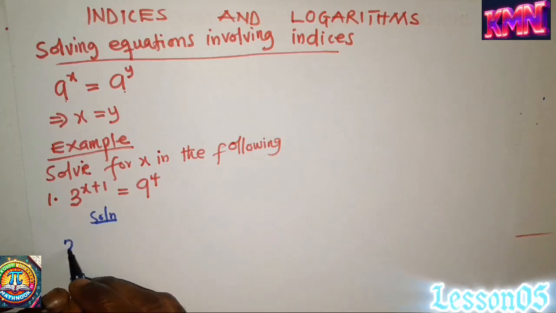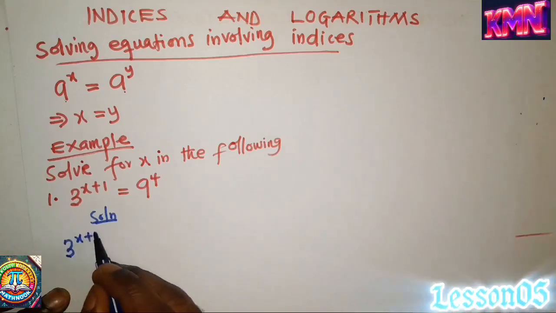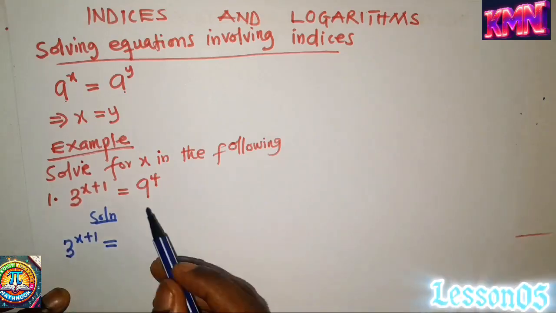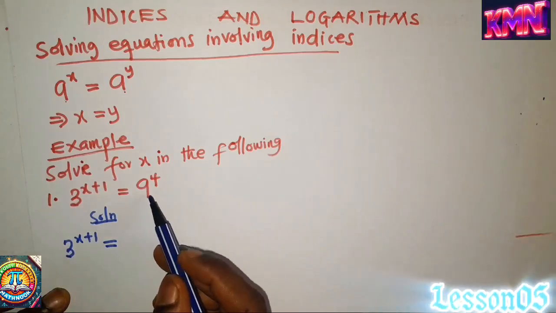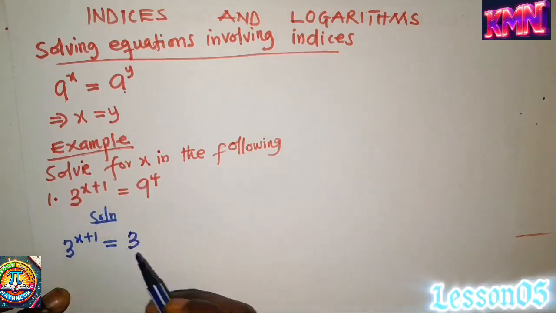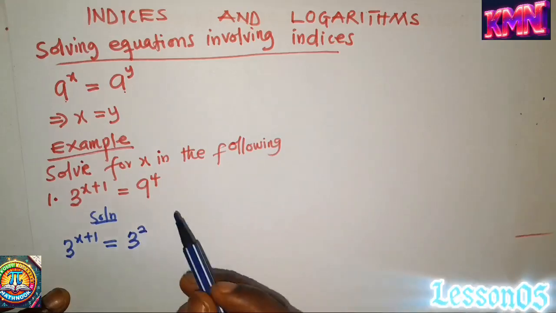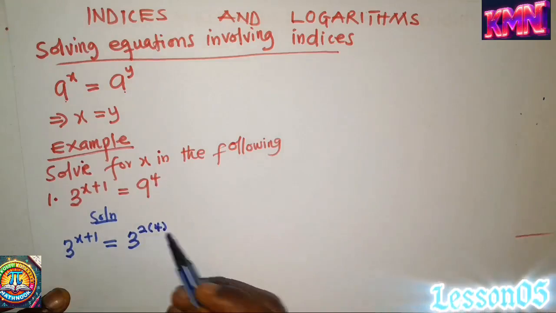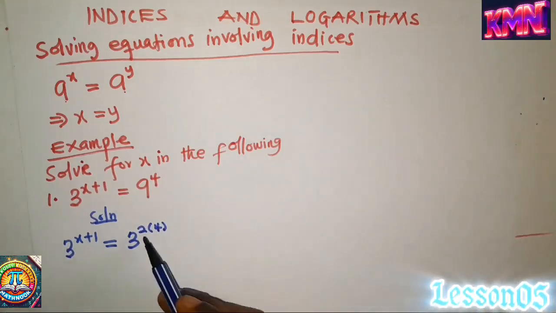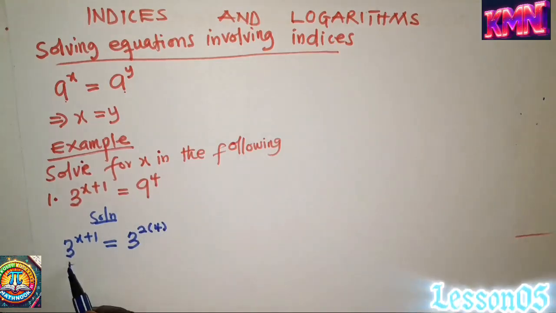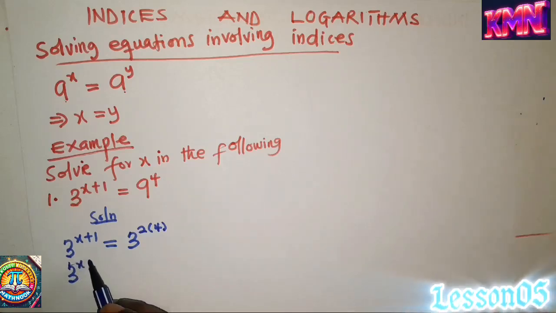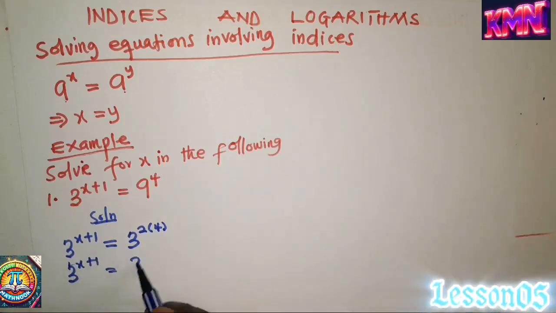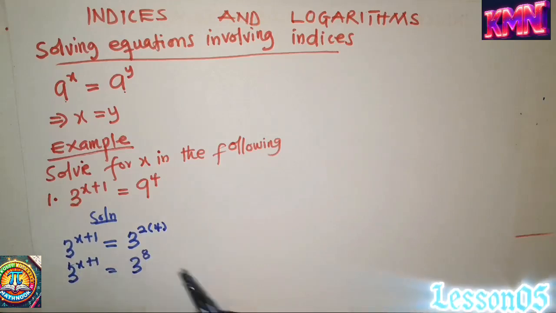So we're going to have 3 exponent x plus 1 is equal to 9 to the base 3 will be what? 3 exponent 2. But remember, we have exponent 4 over there, so we put it in brackets. They are going to multiply. Then after that, let's find the products. So we're going to have 3 exponent x plus 1 equals 3 exponent 8.